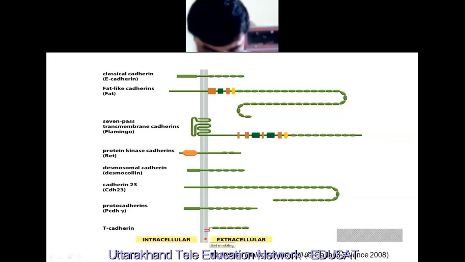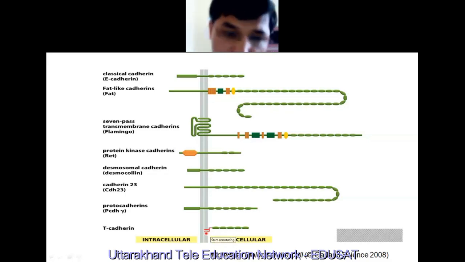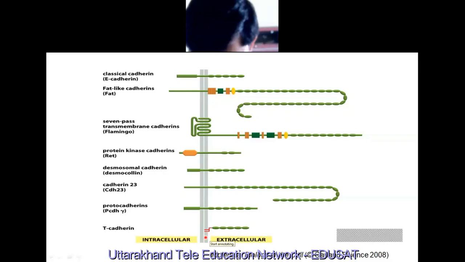It is attached to the plasma membrane of nerves and muscles, anchored by a glycophosphatidylinositol, a GPI anchor.